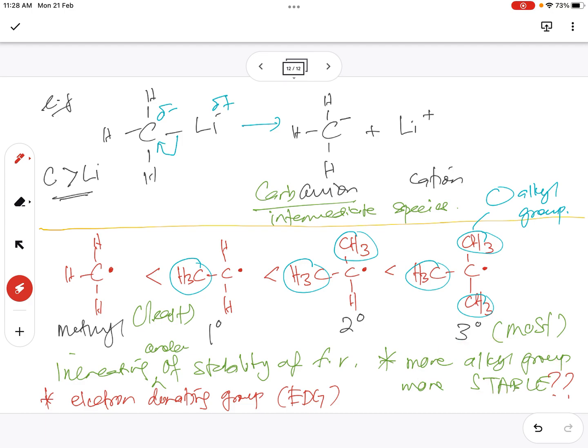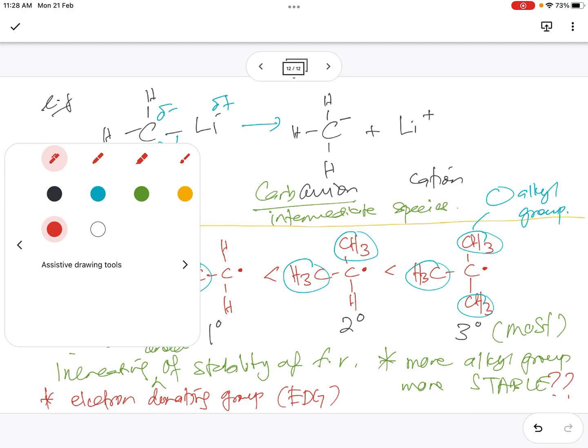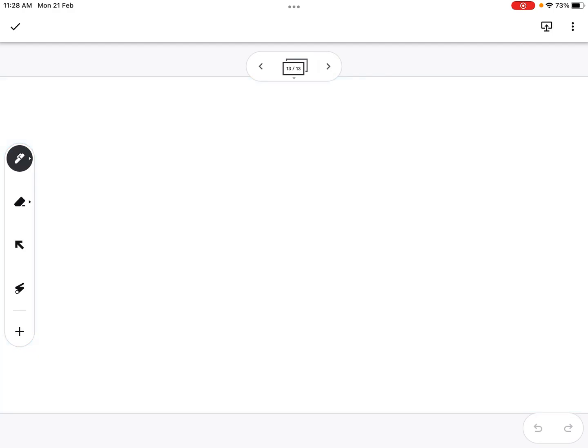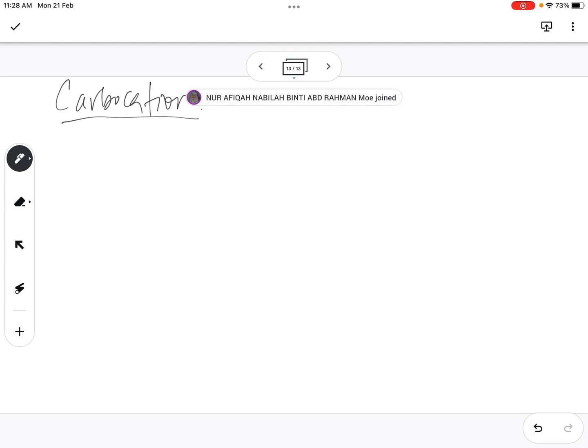Alright. Now, go to next slide. Kita nak tengok carbocation. Okay. Carbocation, dia punya drawing sama dengan free radical. So, CH3, cuma dia positif lah. Hydrogen, hydrogen, hydrogen plus.